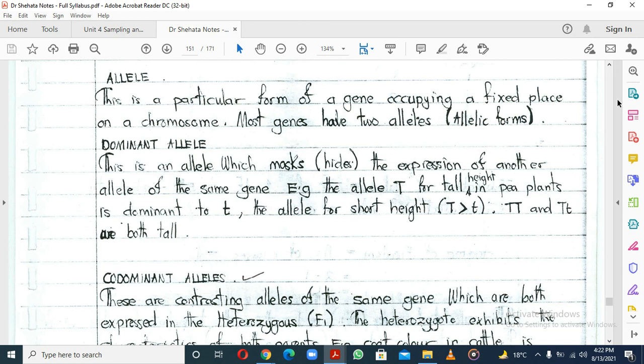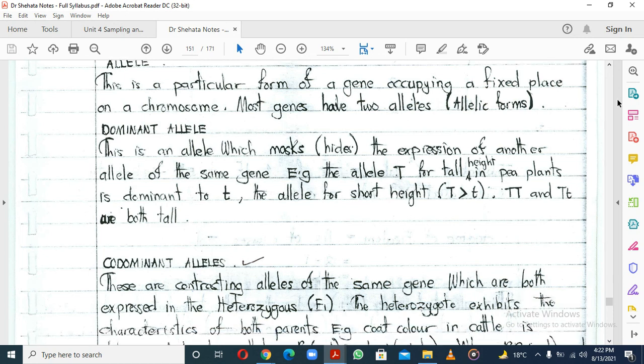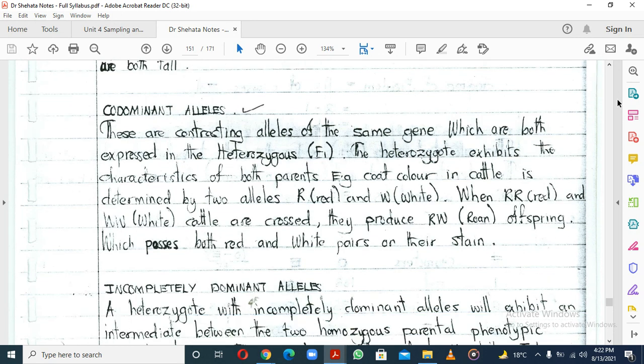So it's masking the expression of another allele of the same gene, and the same gene is very important because remember, like we saw on the dihybrid crosses, you put the alleles for a particular gene together, and for the other gene together, right? So it only affects the expression of the same gene. So that's an important point to take note of.